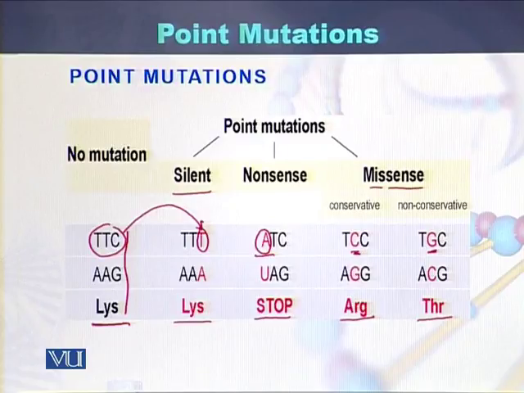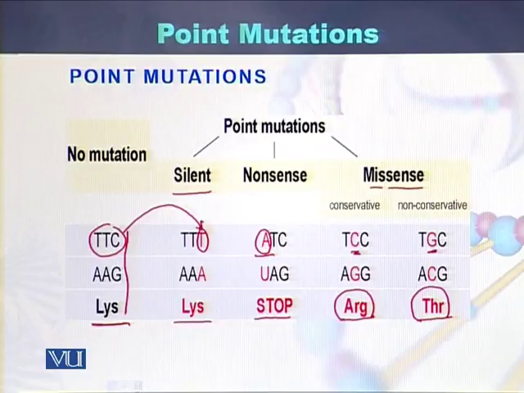Because the lysine amino acid is substituted in this case by arginine and in this case by threonine, if one amino acid is replaced by another amino acid, the phenomenon is called missense substitution.